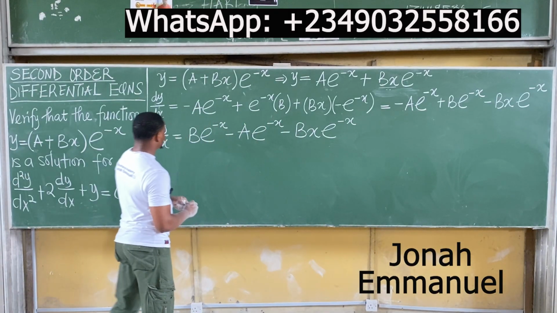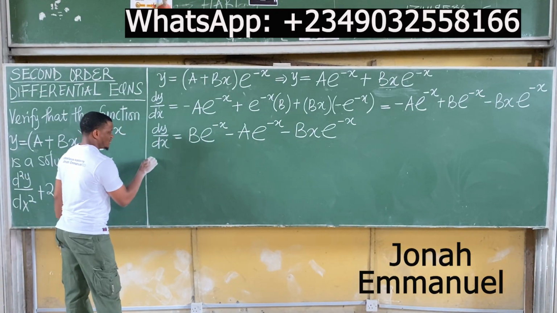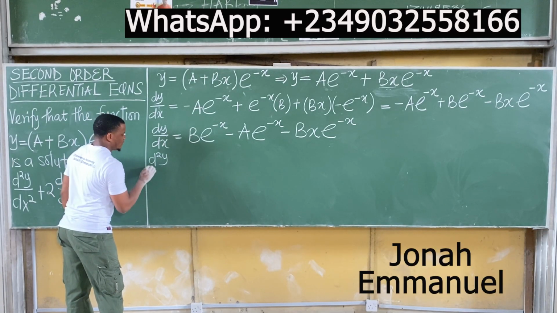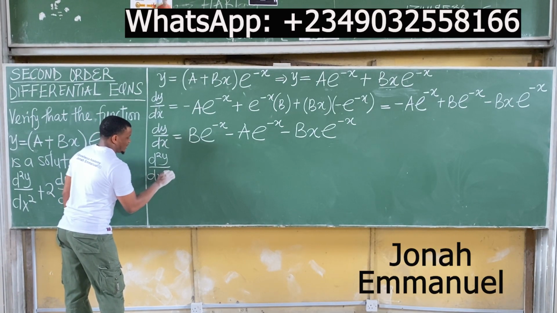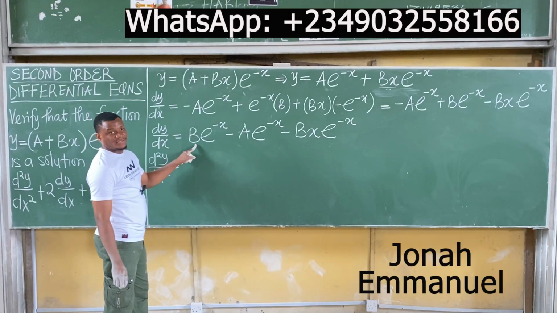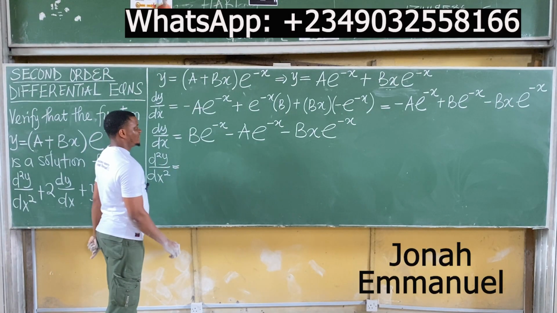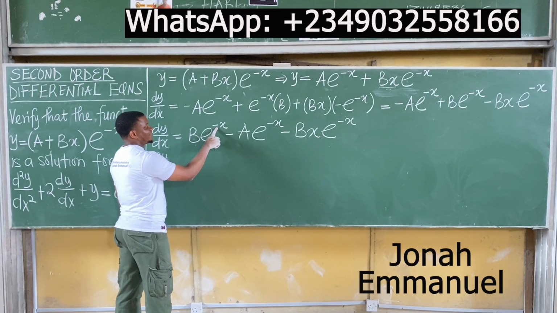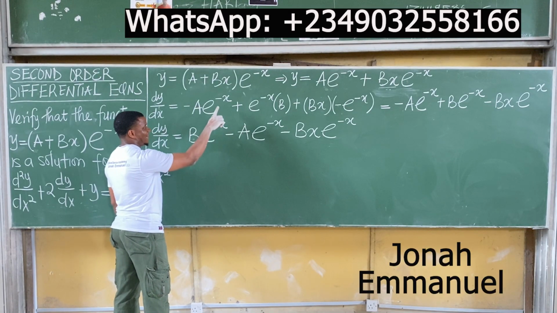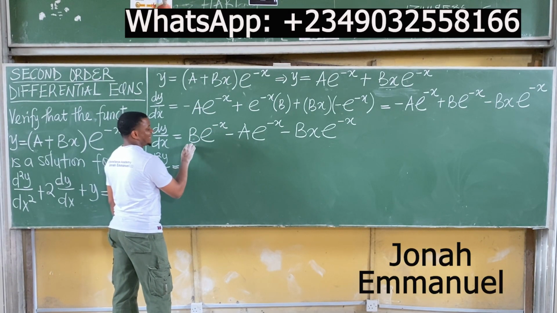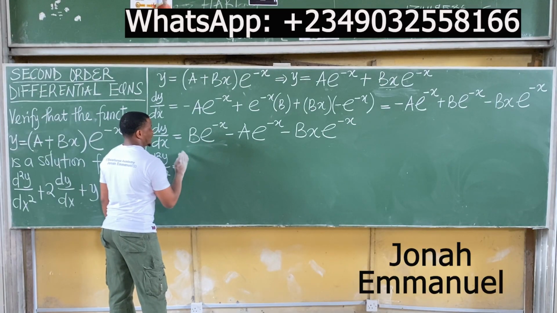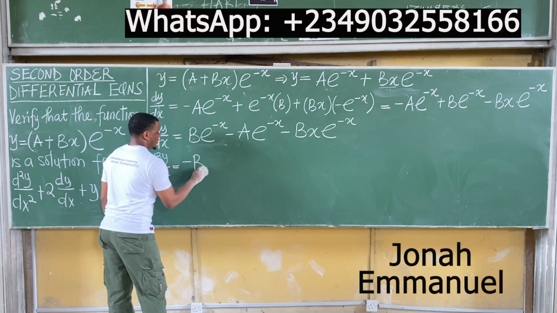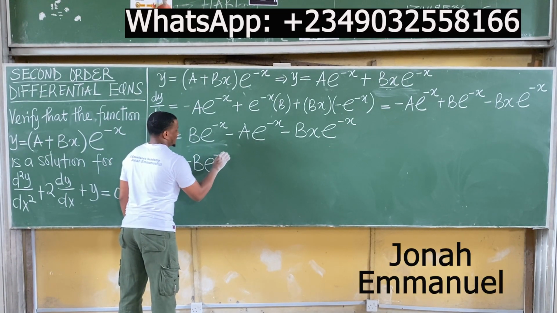Let's proceed. Let's now get d squared y all over dx squared. Start with this one first. Let's differentiate this. First things first, this is a constant. So focus on the power. If I differentiate minus x, it gives you what? Minus 1. Use minus 1 to multiply everything here. What do you get? It becomes minus b exponential minus x.